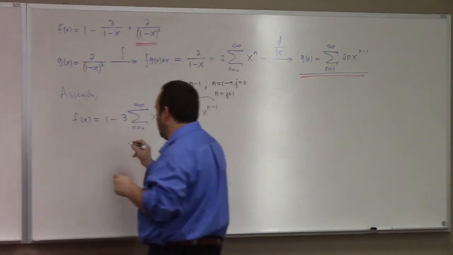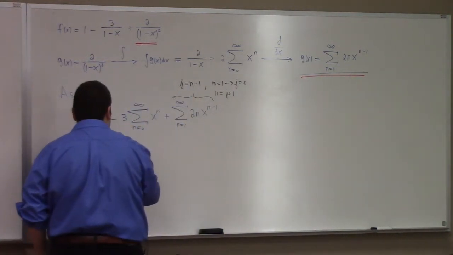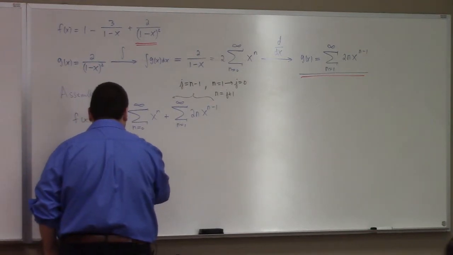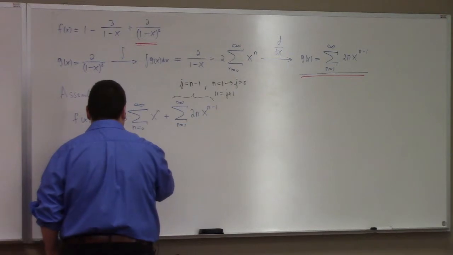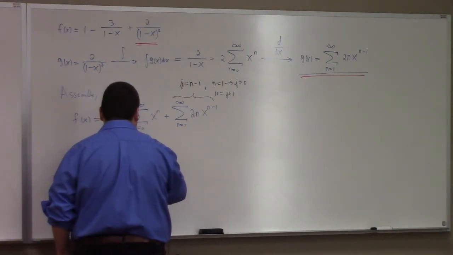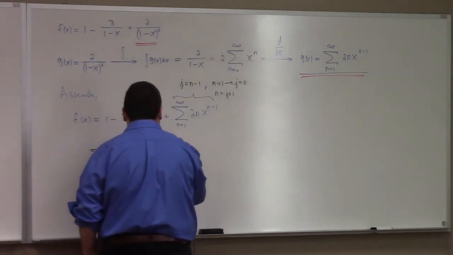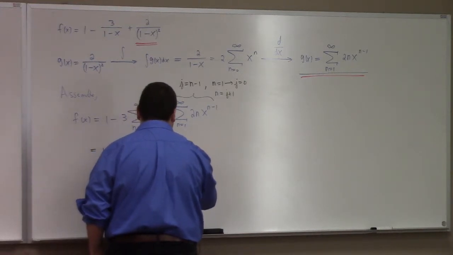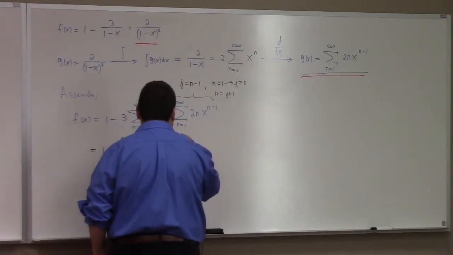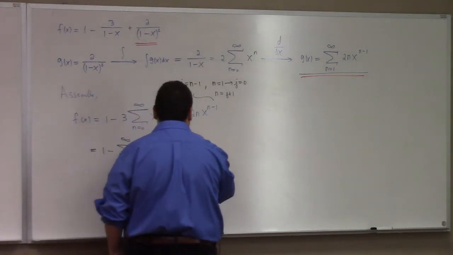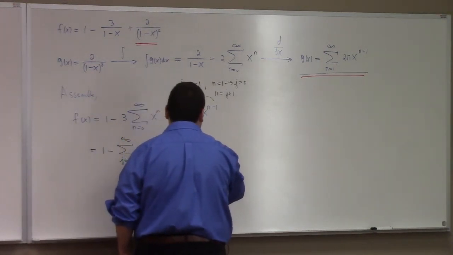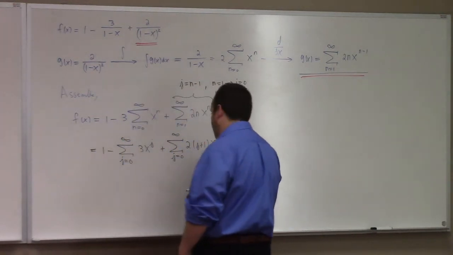And so what we have here is 1 minus the sum, j equals 0 to infinity of 3 times x to the power j, plus the sum, j equals 0 to infinity of 2 times j plus 1, x to the power j.